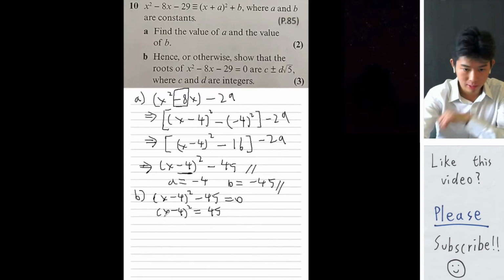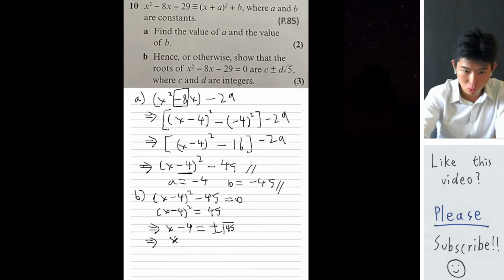The next step: x minus 4 equals plus or minus root 45. Next, x equals 4 plus or minus root 45, because I moved the 4 from the left to the right.